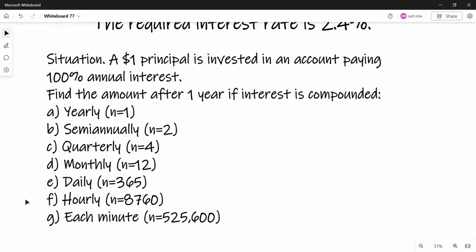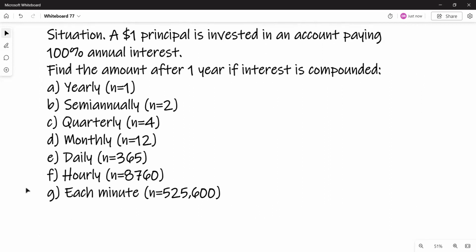So the principal is 1. The interest rate is 100%, or also 1. The time is going to be 1 year.